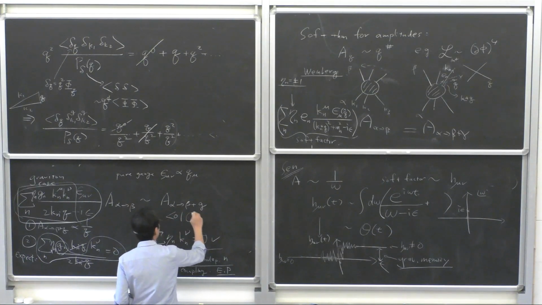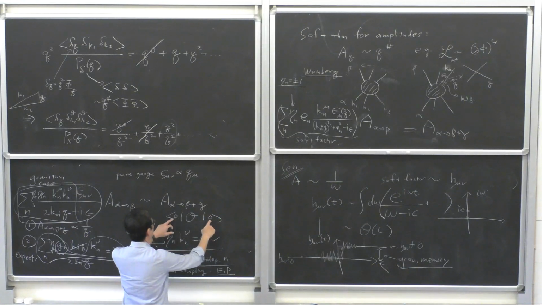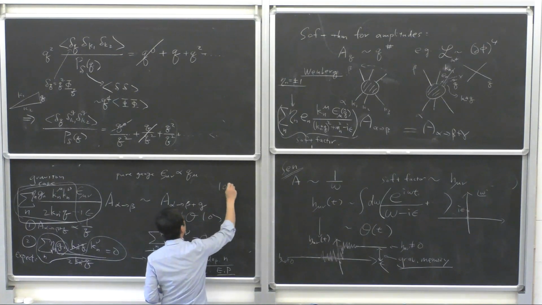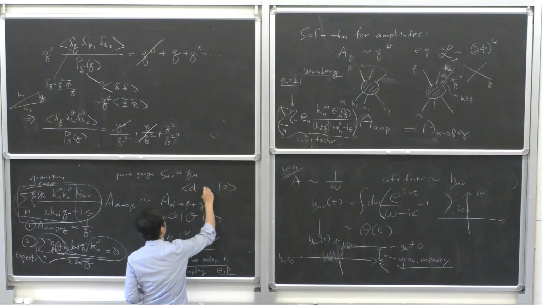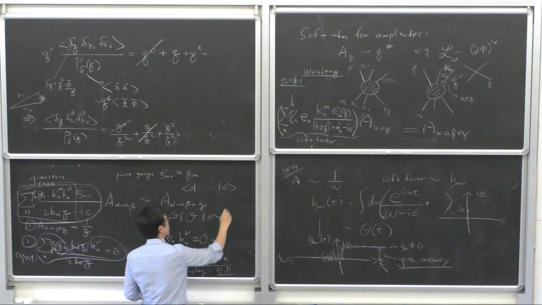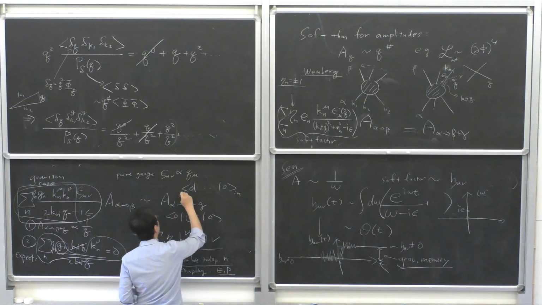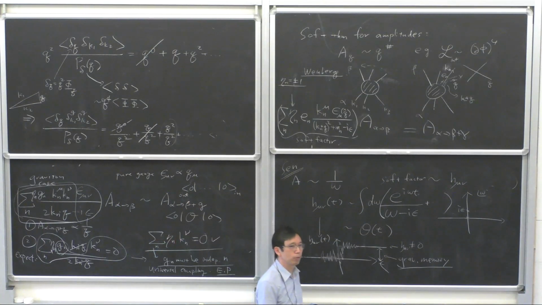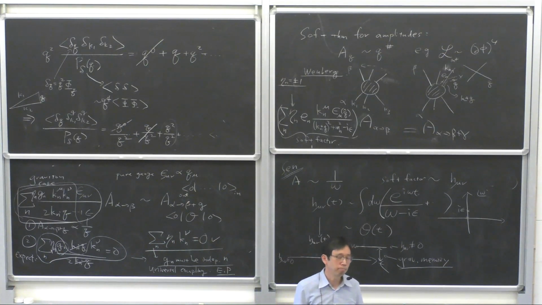We sandwich our observable on the left and right by the same state. Whereas in scattering, the correlation function that you use in LSZ has some in state and some out state. It's a different kind of correlation function. You have to keep that in mind. But other than that, yes, at least at some level, they are connected.